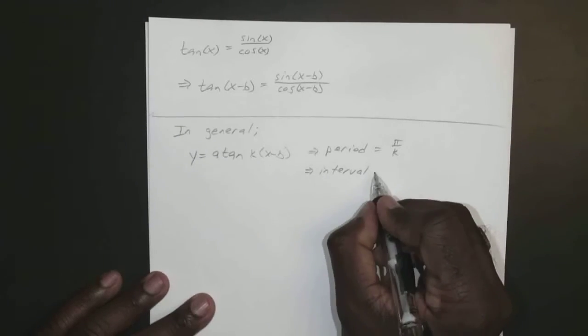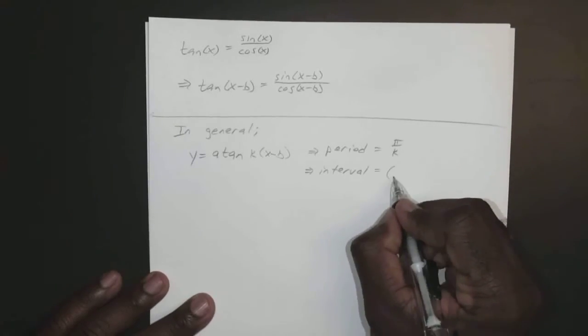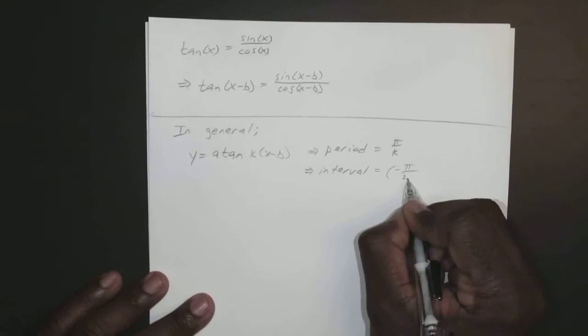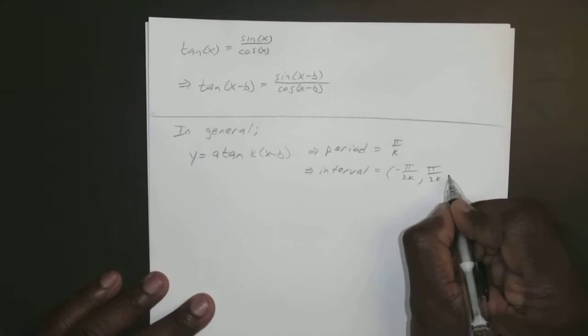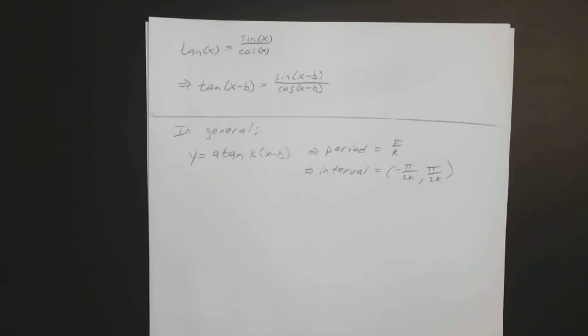The interval is actually negative pi over 2k to pi over 2k. Okay. Now remember, tangent keeps going up and it keeps going down. So there is no amplitude. It goes up to infinity and down to negative infinity. So there's no amplitude there.